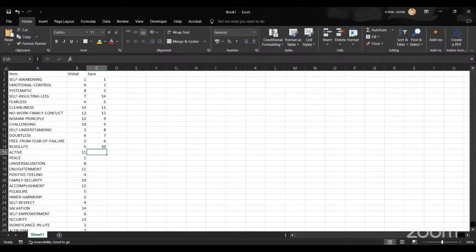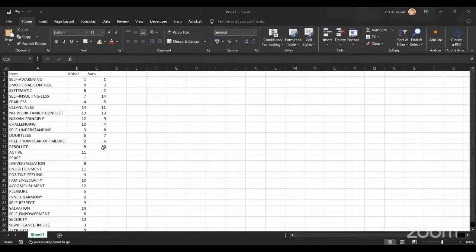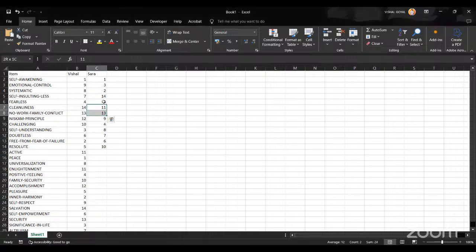I think I have missed one value. Active is the last one. Yes, I think here somewhere I have missed one of your values. Wait, which one is it?